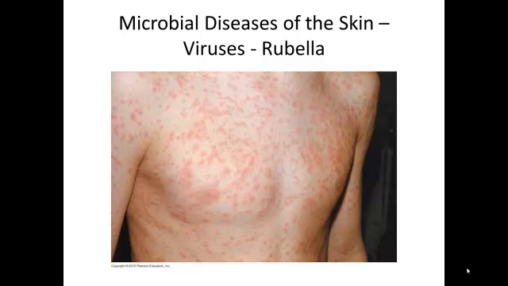So we've got a program of vaccination that has reduced the incidence of rubella, and we especially want to vaccinate women of childbearing age so that they don't get rubella while they're pregnant. Now, if you've had German measles, generally speaking, you only get it once and you don't have to worry about it. But why risk it?